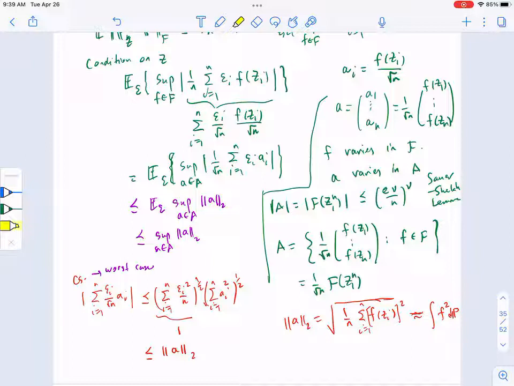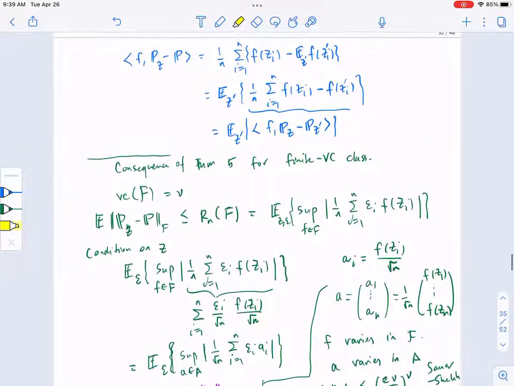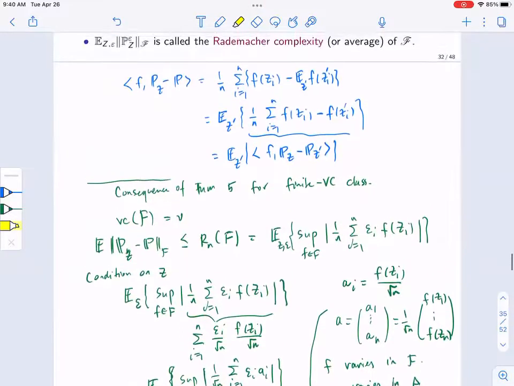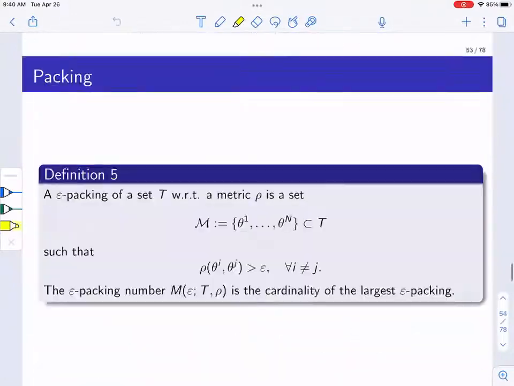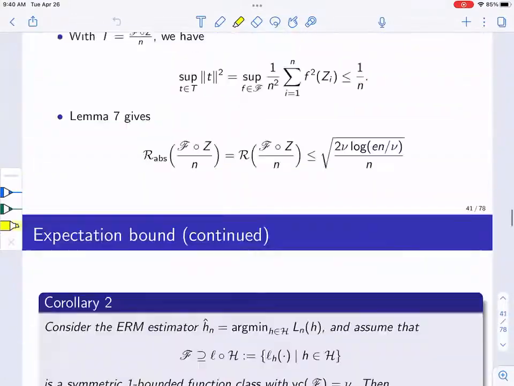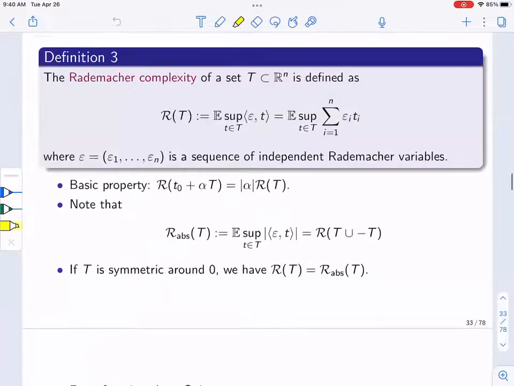So okay, let me maybe back up. Let me go to the other slides because I added something here. That's basically the idea. There's the issue with the absolute values and the other issues.